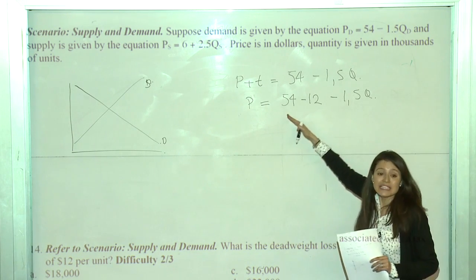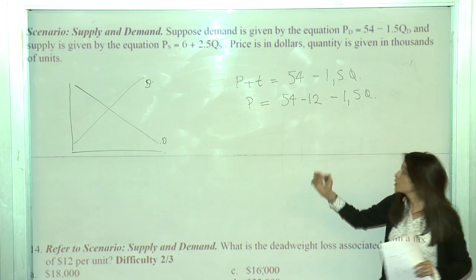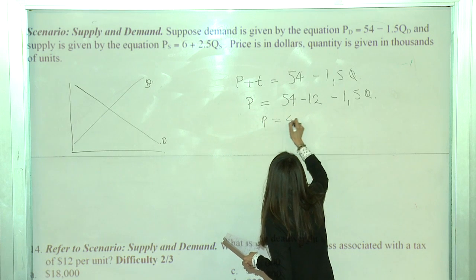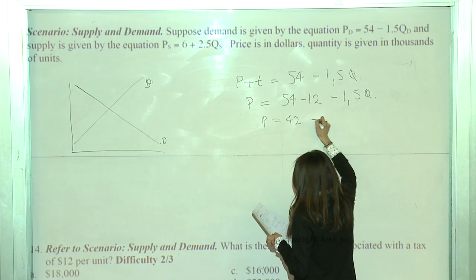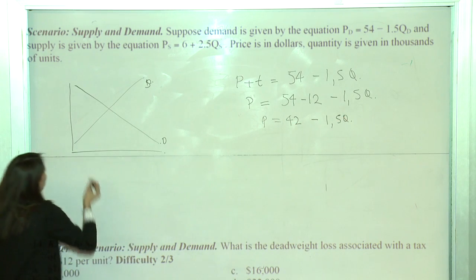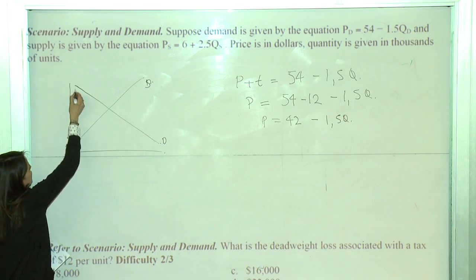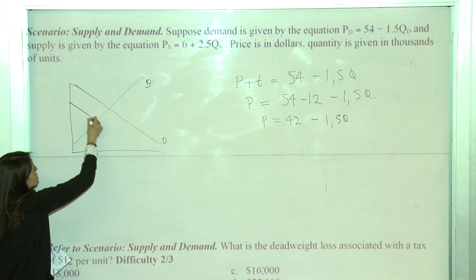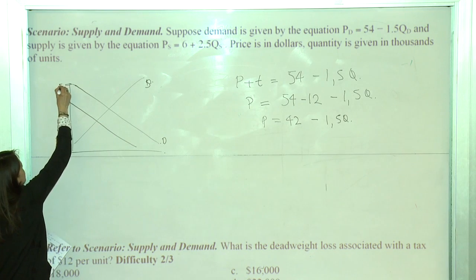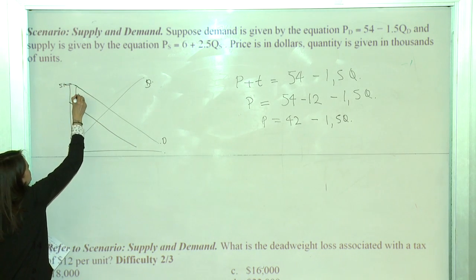So this is basically changing my demand function to price equal 42 minus 1.5 Q. So basically what I did was that I shifted my demand function, the amount of the tax, down, okay? I shifted my demand function 12.